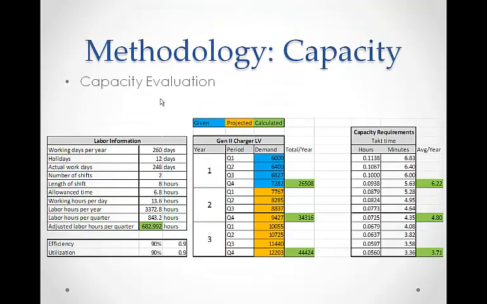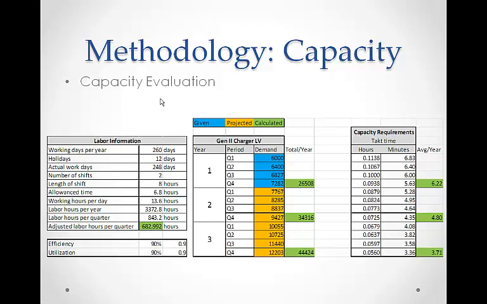In order to evaluate the capacity of the line, I needed to determine the takt time. I first calculated the labor hours per quarter based on number of shifts, length of shift, and other factors, and I applied efficiency and utilization factors to give a more reasonable estimate.